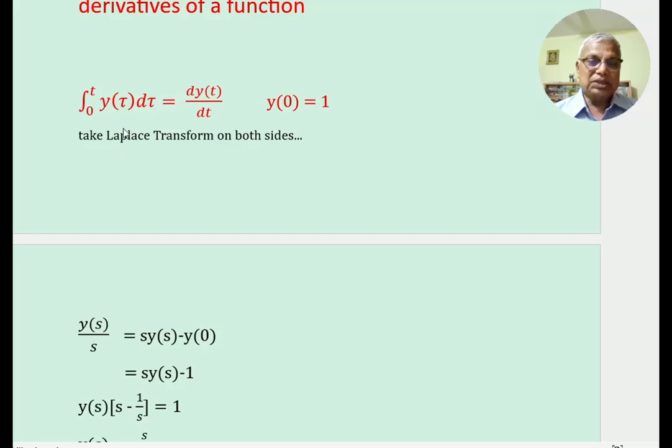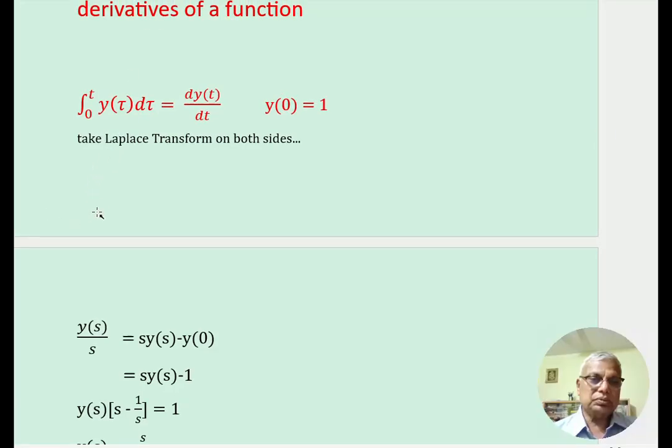So the Laplace transform of this is this one. The Laplace transform of the integral of y tau d tau is Y(s) by s. And the right hand side, the Laplace transform is s into Y(s) minus y(0).